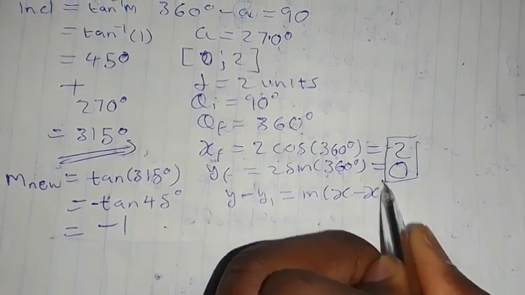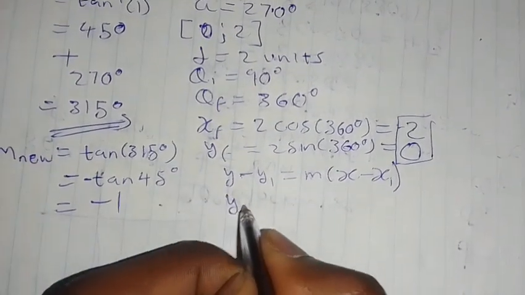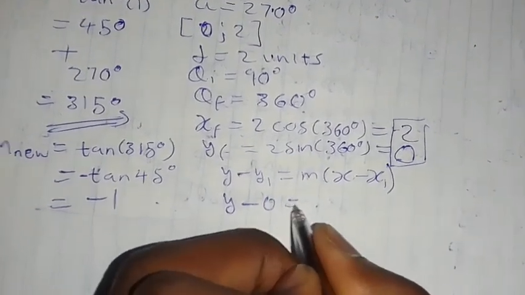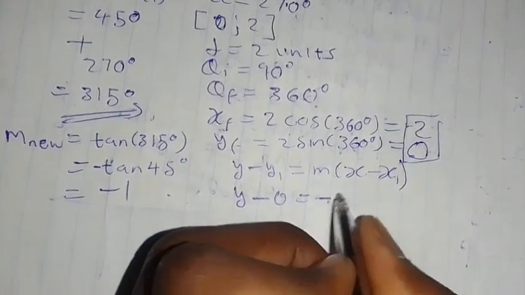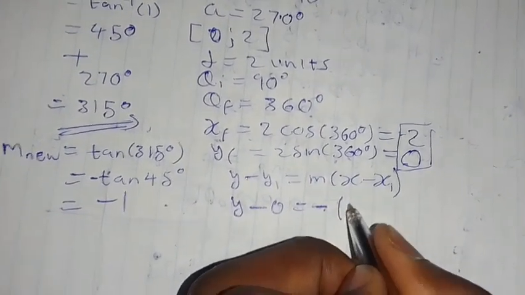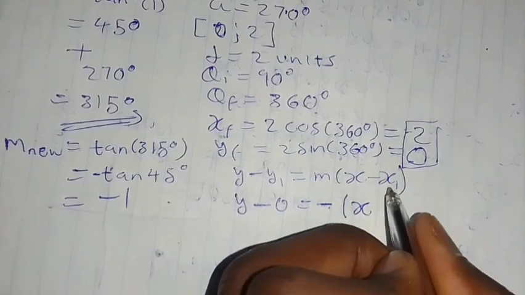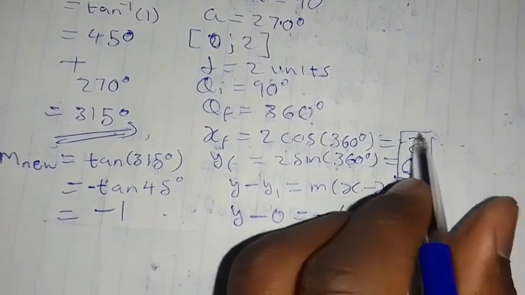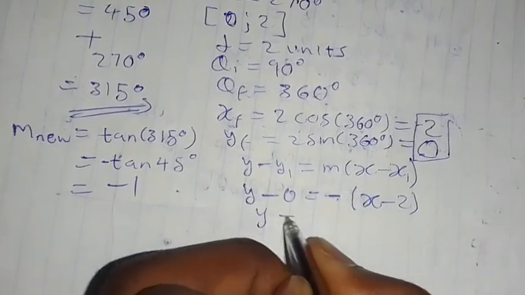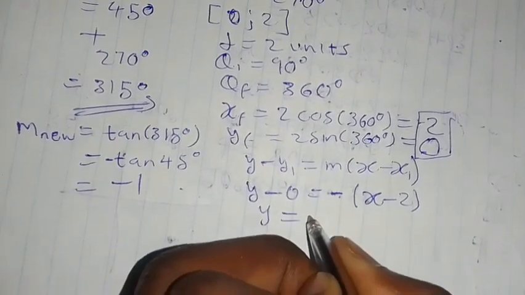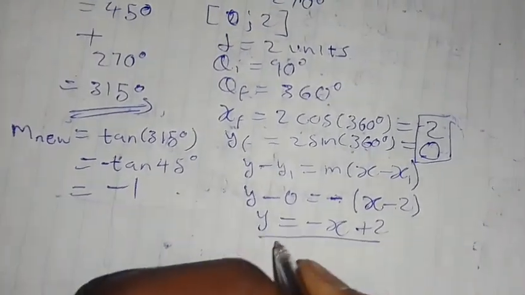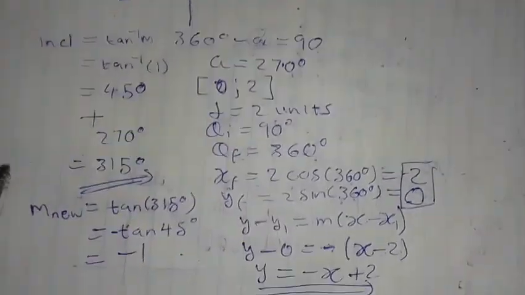So you're going to have y minus the new y coordinate, which is 0, equals the new gradient, -1, times the bracket x minus the final x coordinate, 2. So y minus 0 is y, negative times positive is negative, negative times negative is positive. So the new function will look something like this.